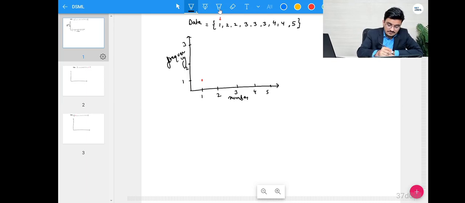Now we plotted 1. Now let's plot 2. It is present in our data twice. So the point will be around here. 3 is repeated 3 times, so the point will be here. 4 is repeated 2 times, the point will be here, and 5 is repeated once, so here. Let's connect all these dots.